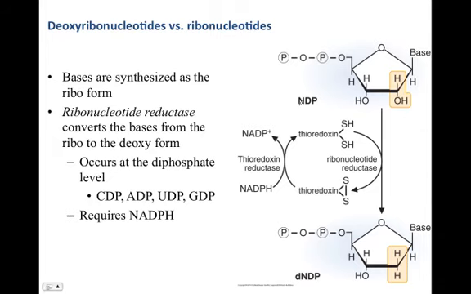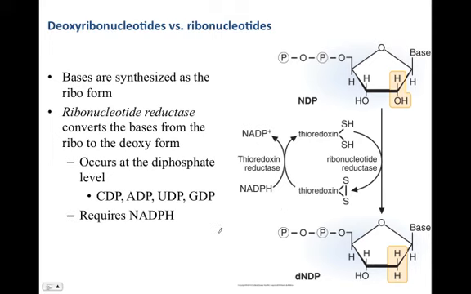Bases are synthesized as the ribonucleotide form. This is because the majority of the genetic components in the cell are present in the RNA form. Ribonucleotide reductase, shown here, uses thioredoxin as a cofactor and NADPH to remove the hydroxyl group.